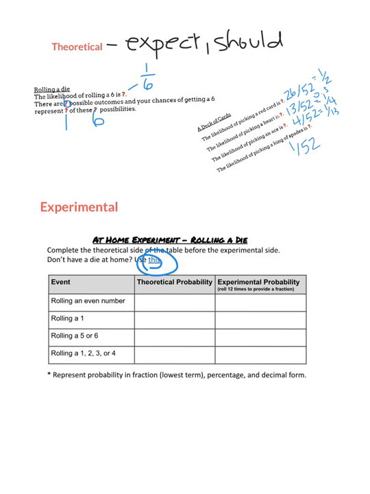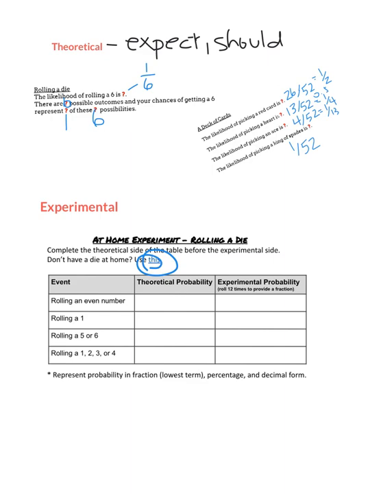I'm asking you to put your theoretical probability as a fraction in lowest terms, as a percentage, and as a decimal, because I think it's important that you understand that probability can be represented in a variety of different ways. Keep in mind the numerator should represent the possible outcomes where you are getting your desired outcome, and the denominator is the total possible outcomes. So that's what you're going to do first.